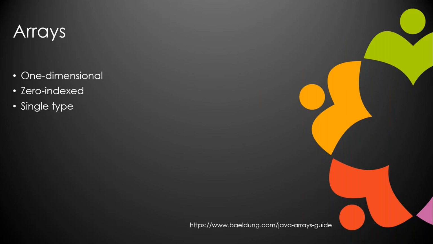So arrays. In Java, arrays are one-dimensional, zero-indexed, and a single type. That can be a base type, a base class for something, or it can be a primitive, for example, an int or a string.